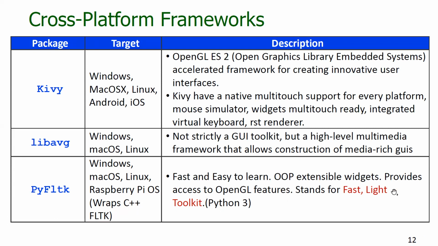Here FLTK stands for Fast Light Toolkit, suitable for Python 3 and above versions, which is fast and easy to learn, object-oriented, with extensible widgets, and provides access to OpenGL features.